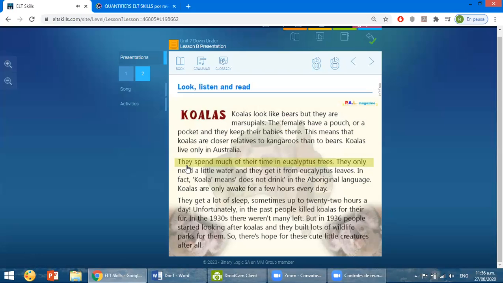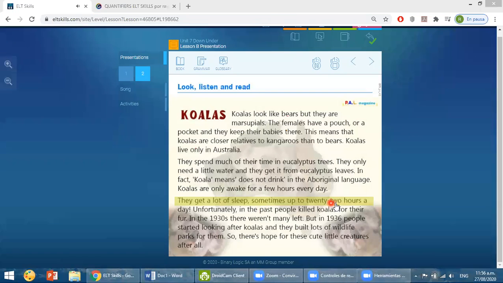They only need a little water, and they get it from eucalyptus leaves. In fact, koala means does not drink in the Aboriginal language. Koalas are only awake for a few hours every day. They get a lot of sleep, sometimes up to 22 hours a day.